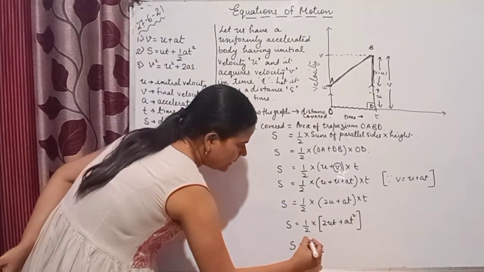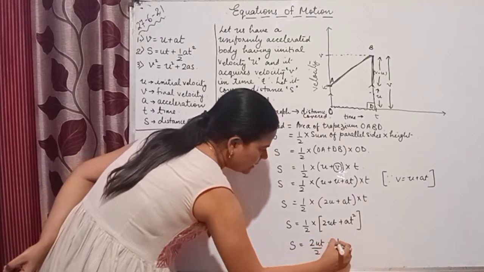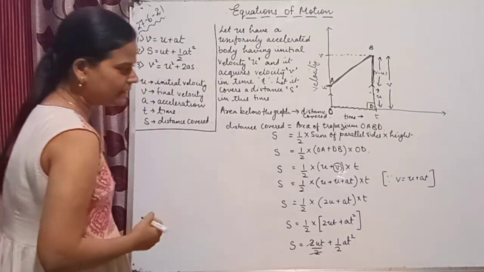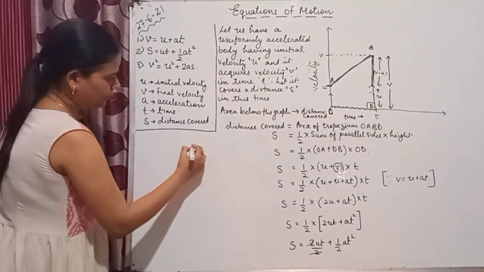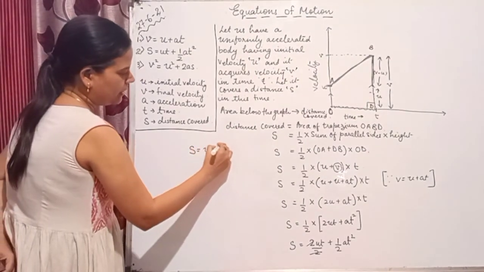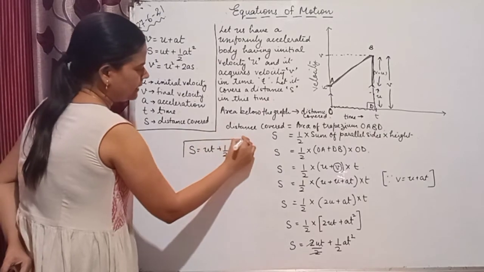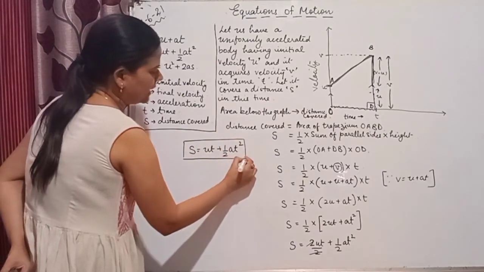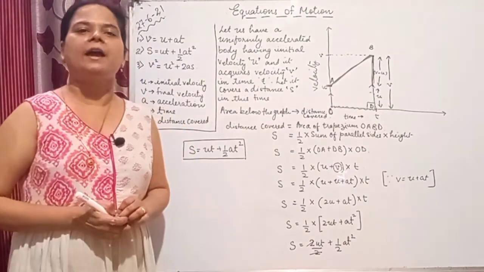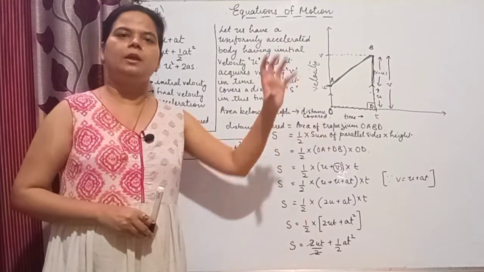Then we will be getting 2UT upon 2 plus half AT square. 2 and 2 will be cancelled. So finally, we will be getting S is equal to UT plus half of AT square. This is our second equation of motion. So this is how we have derived the second equation of motion using the same condition and same graph.